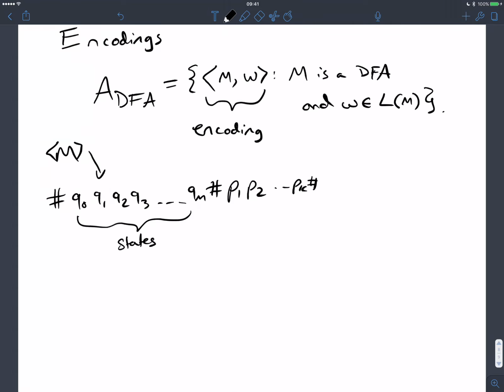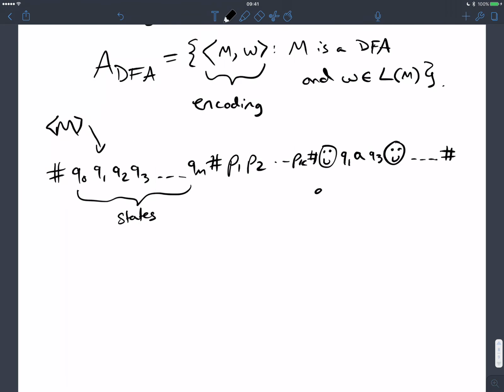Then the transition function: the state name that we're in, the symbol, then the next state as a triplet, and I separate the triplets by another delimiter. So, smiley face, Q1, A, Q3, smiley face, and then I carry on through all the other transitions.